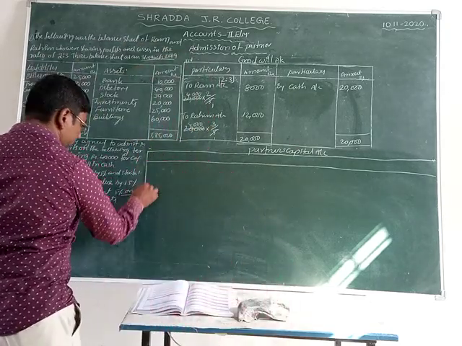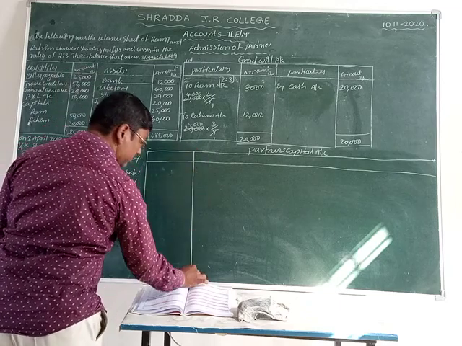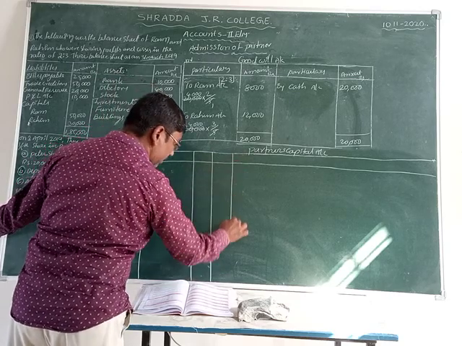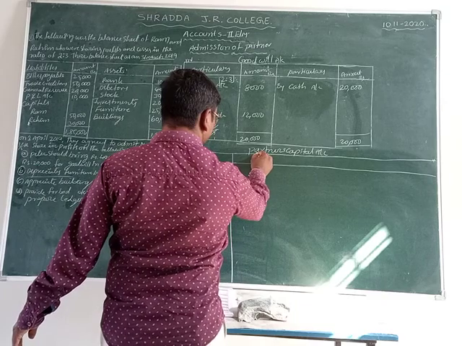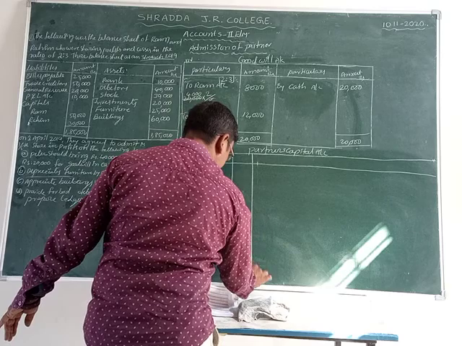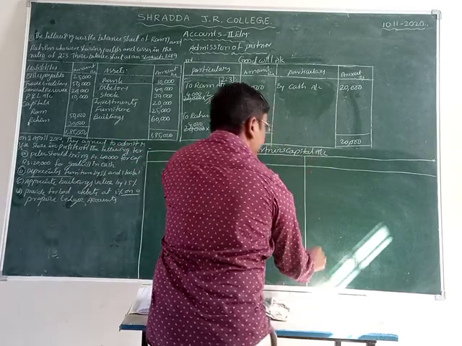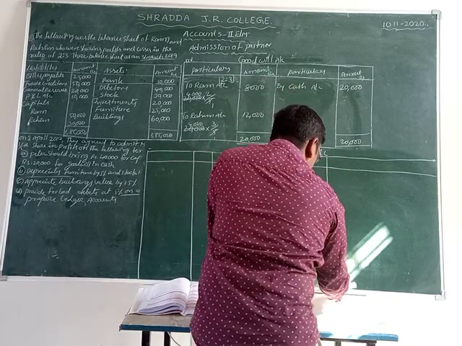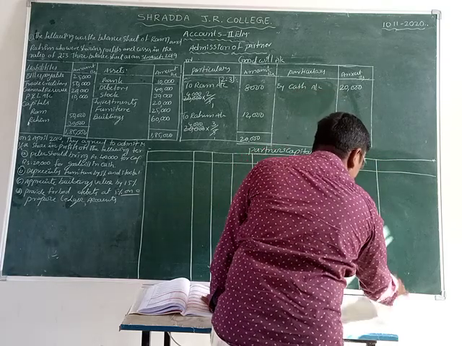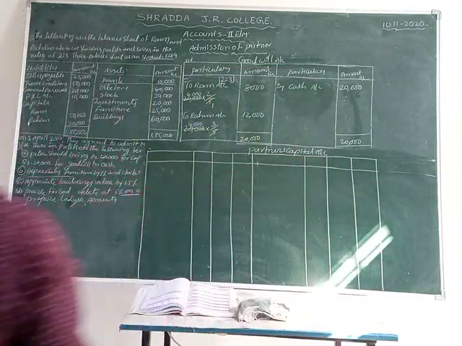Here is a particulars column: Ram, Rahim, Peter, isn't it? And once again, let us take here particulars and Ram, Rahim, and Peter. This is a partners capital account.